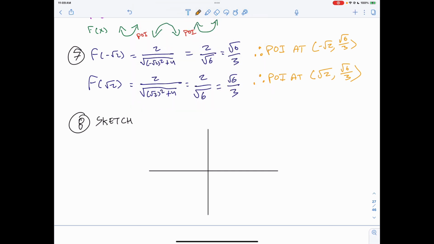So I know I'm going to have a point of inflection at -√2 and √6 over 3. I'm going to have a point of inflection at +√2 and √6 over 3.